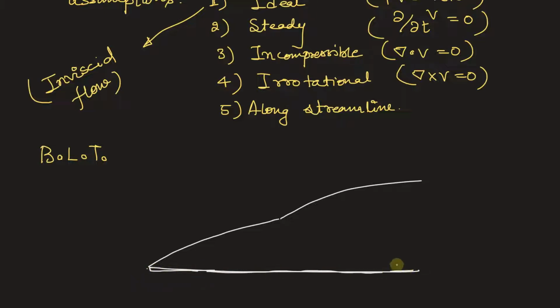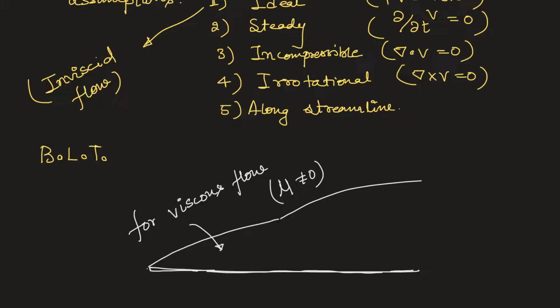That means we are considering that the flow is viscid, or viscous flow. That means friction is not 0 here. The viscosity, the dynamic viscosity of the fluid, is not equal to 0.